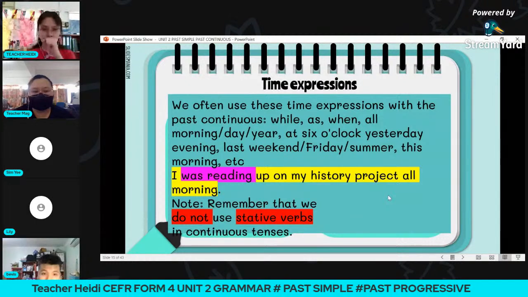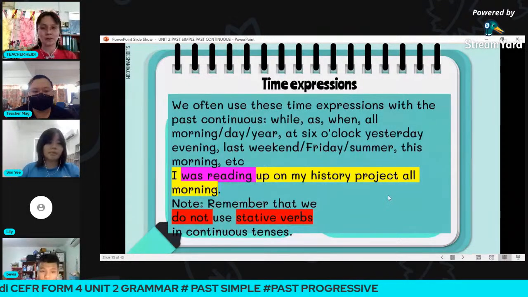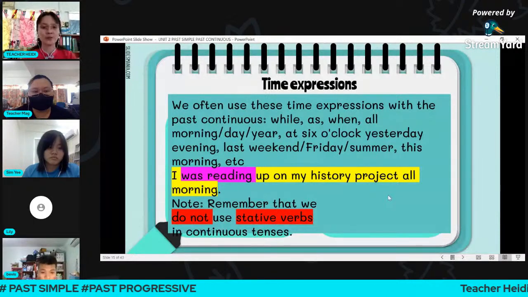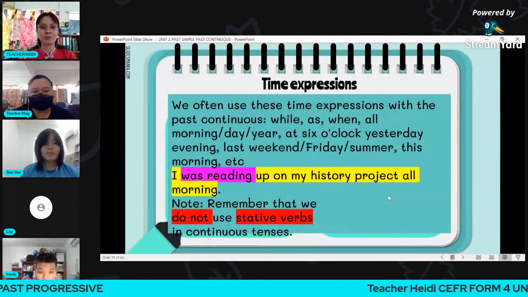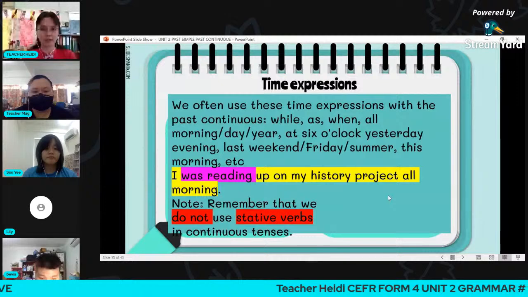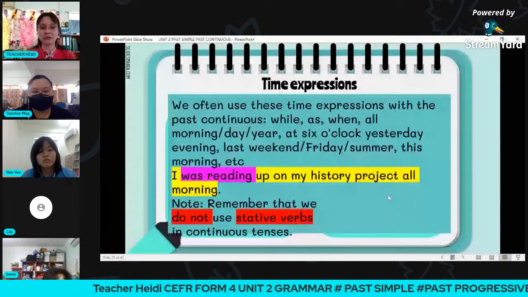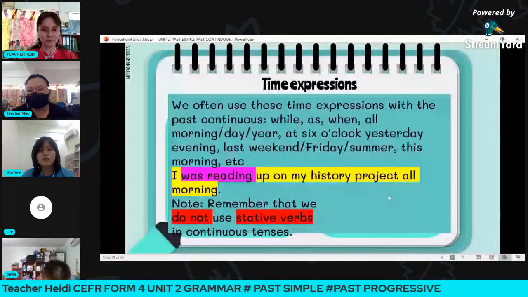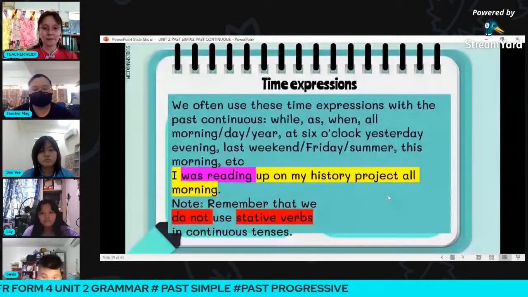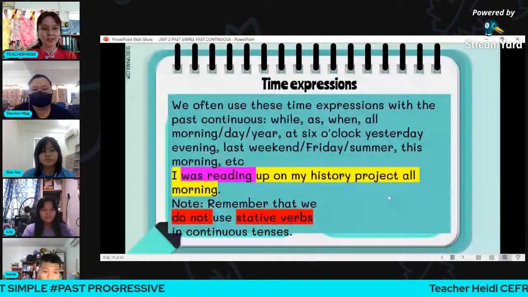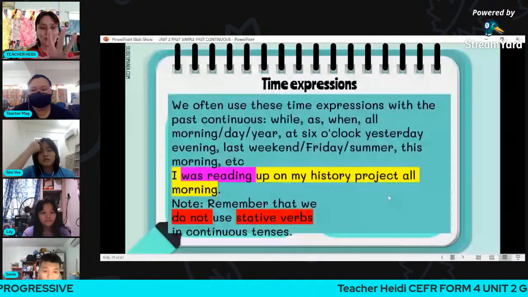Like last week, this morning. I was reading up on my history project all morning. You are trying to inform someone that the whole morning, I have been reading books. Remember that we do not use stative verbs in continuous tenses. Stative verbs are about the five senses and feelings.